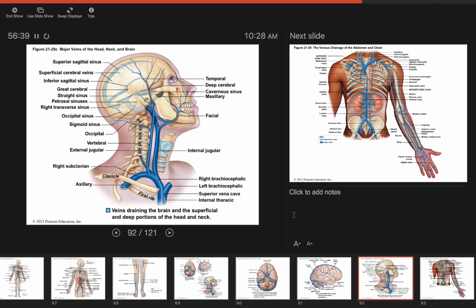That spells IVES, right? I-V-E-S. Internal jugular, vertebral, external jugular, subclavian. Okay, and those are all the right internal jugular vein, right vertebral vein, right external jugular vein, right subclavian vein.